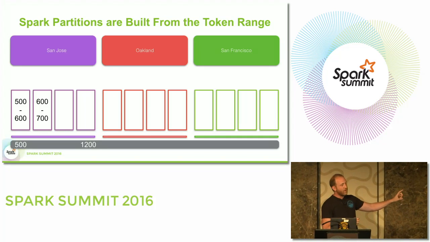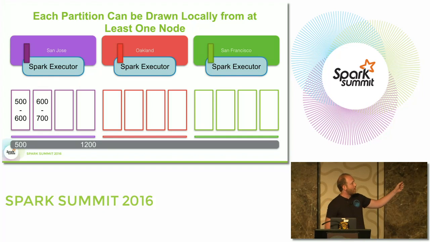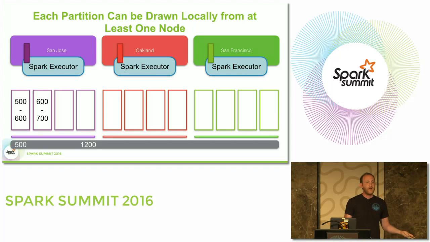And since we know that all of those tokens should exist on that particular machine, we know that when we run a read command, we can actually pull all of those data from that machine, if we have Cassandra running, into a Spark executor on that same machine without incurring any network traffic. So we know that as long as the Spark executor on San Jose asks for data between 500 and 600, it doesn't have to ask any of the other machines.